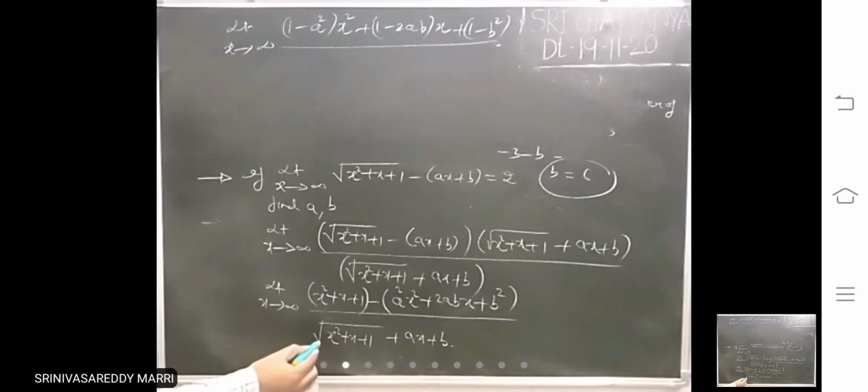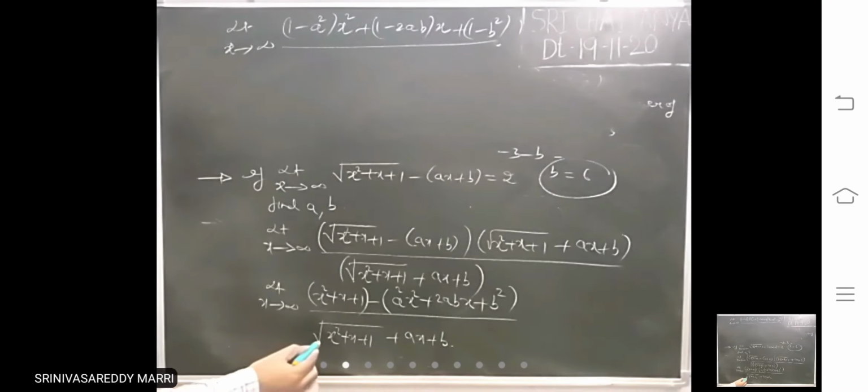First case, a equal to 1: 1 minus 2b divided by 2 equal to 2. So 1 minus 2b equal to 4, 2b equal to minus 3, b is minus 3 by 2.